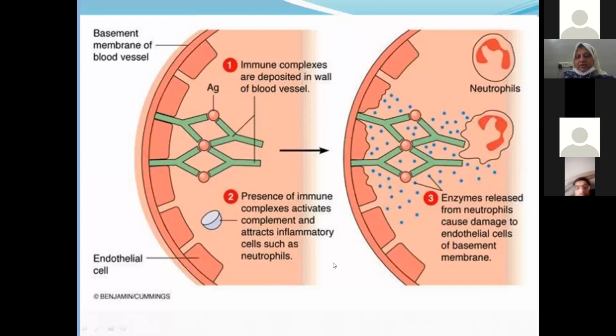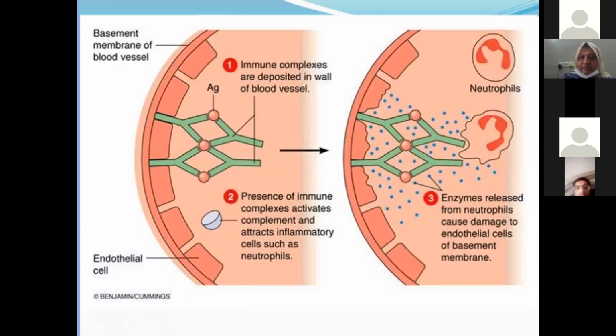Activation of complement proteins, on one hand, causes formation of the membrane attack complex, and on the other hand, it causes attraction of cells of inflammation, so inflammation occurs at this point.